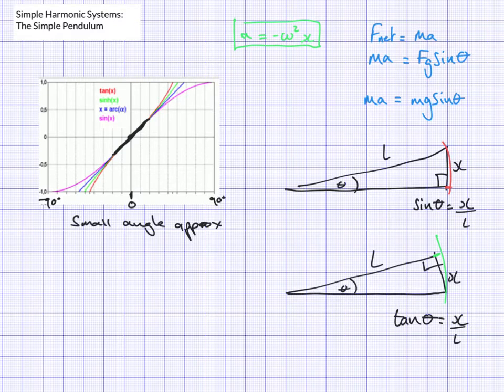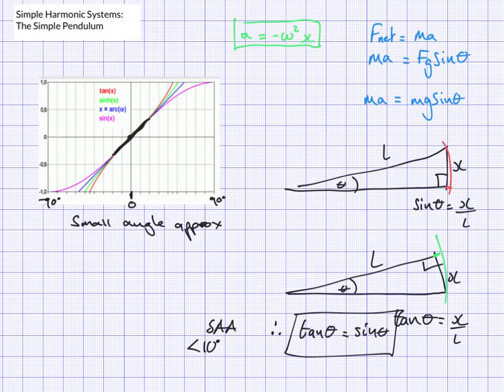So what we can do is say, for a small angle approximation, in other words less than 10 degrees, that tan theta is equal to sine theta. Okay, how cool is that? This is a recurring theme. We'll see this in diffraction gratings. We'll see this in circular motion with banked corners.